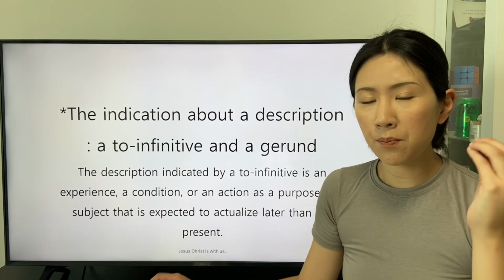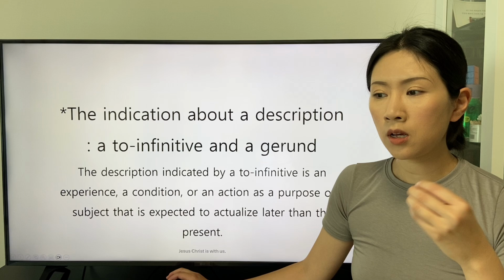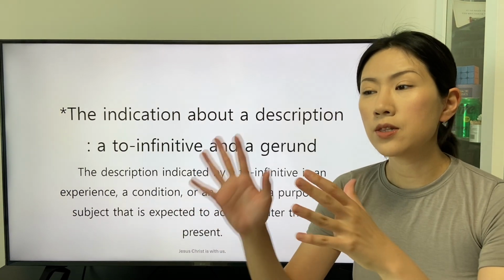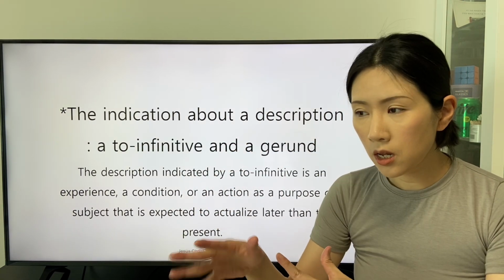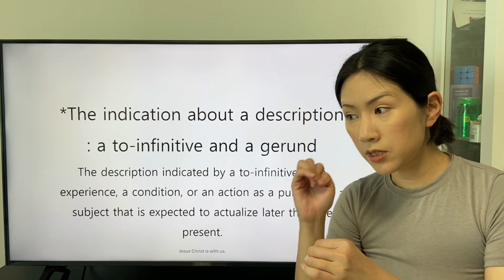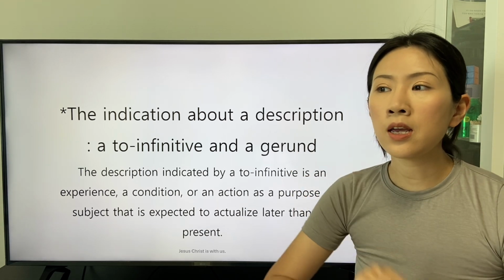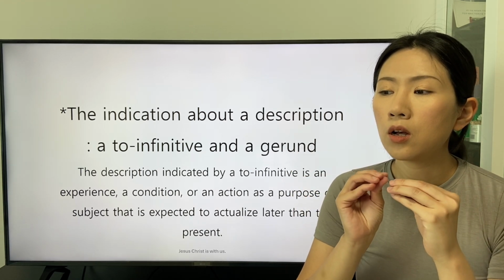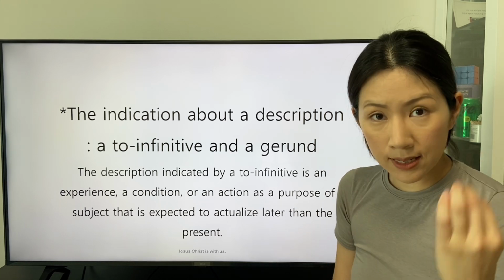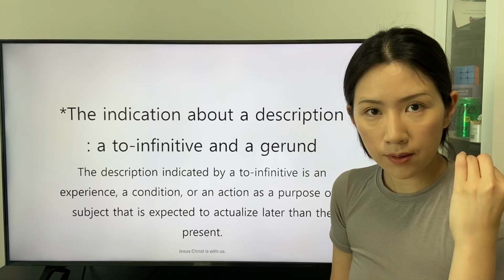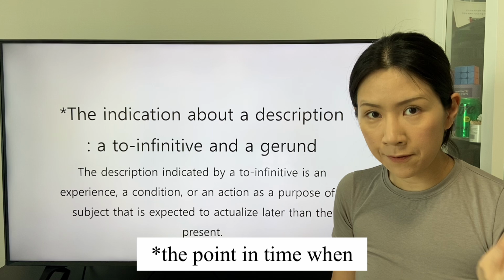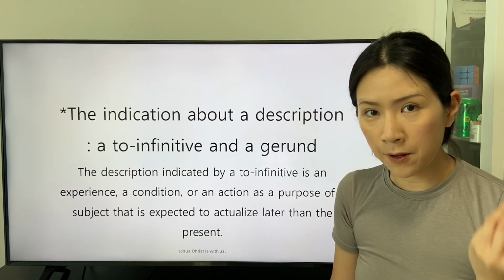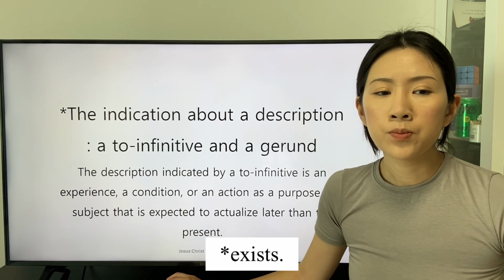The definition of the preposition to reveals that the experience, condition, or action indicated by the root infinitive is expected to actualize from the point in time when the subject of the preposition to exists.